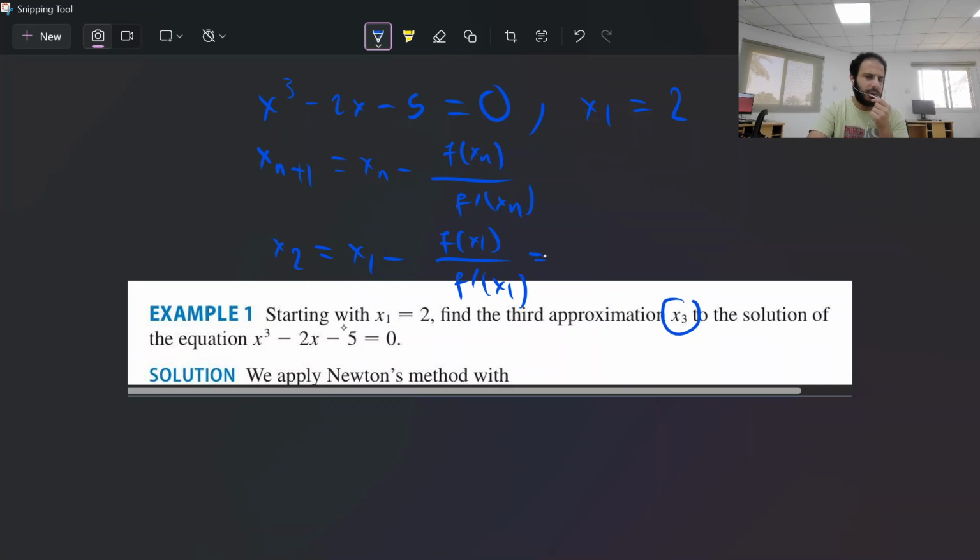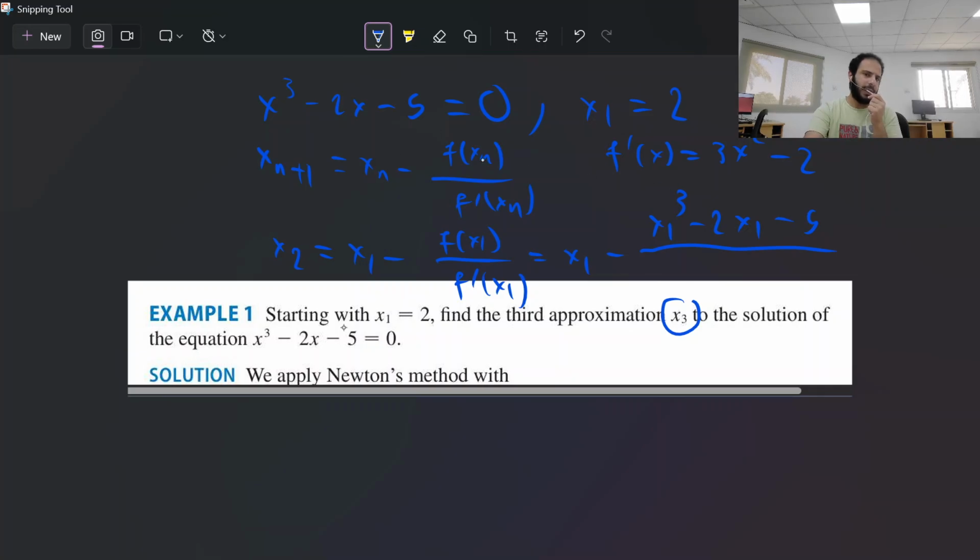This equals x1 minus, what is f x1? You substitute in the function x cubed minus 2x minus 5, you get x1 cubed minus 2x1 minus 5 over, you find the derivative now. What's the derivative of this? 3x squared minus 4.